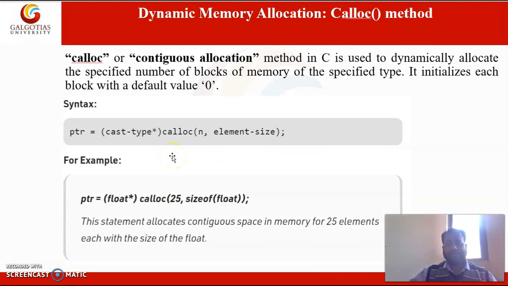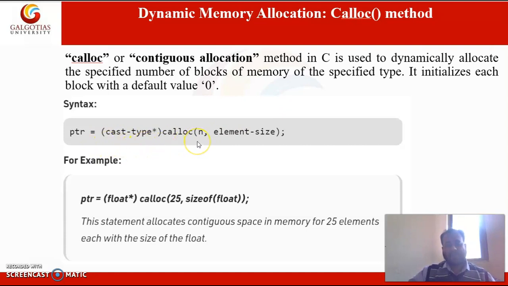Next one is the calloc method. The syntax of both methods is almost the same, but the difference is that the calloc method automatically initializes the memory block with 0 values. You can also see the difference between the syntax of both methods.